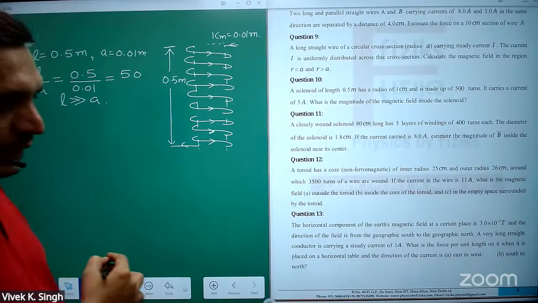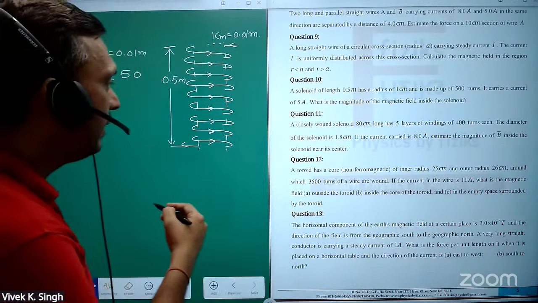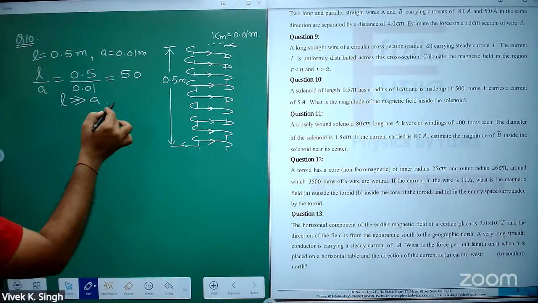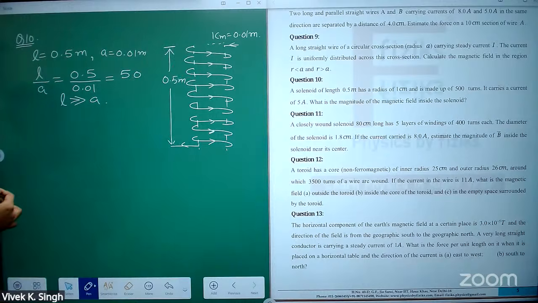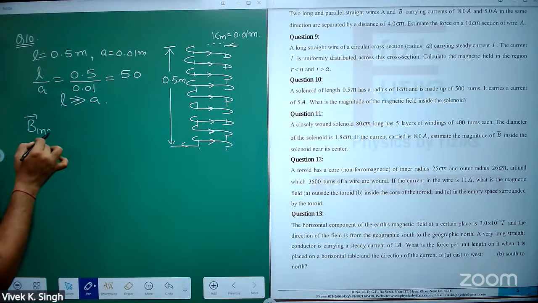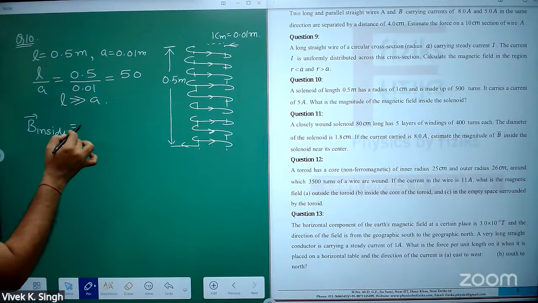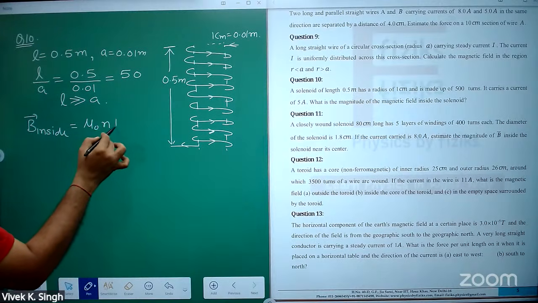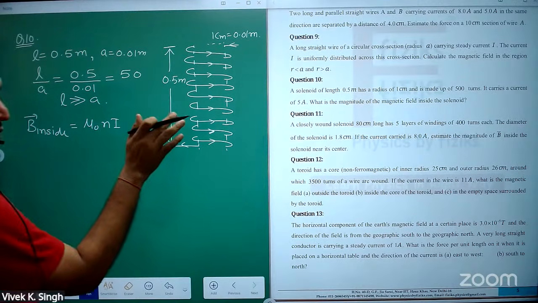So we are assuming that it's a very large solenoid, and under this approximation, B inside is given by mu naught n i. And direction according to right hand rule.